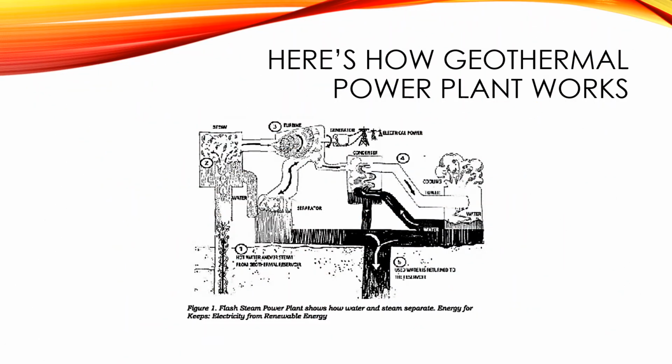Here's how a geothermal power plant works. In our module, there are 5 steps. First step, hot water and steam are extracted from the geothermal reservoir. From there, it will separate steam, and the steam will in turn spin the turbine that will power the generator that will supply electricity.